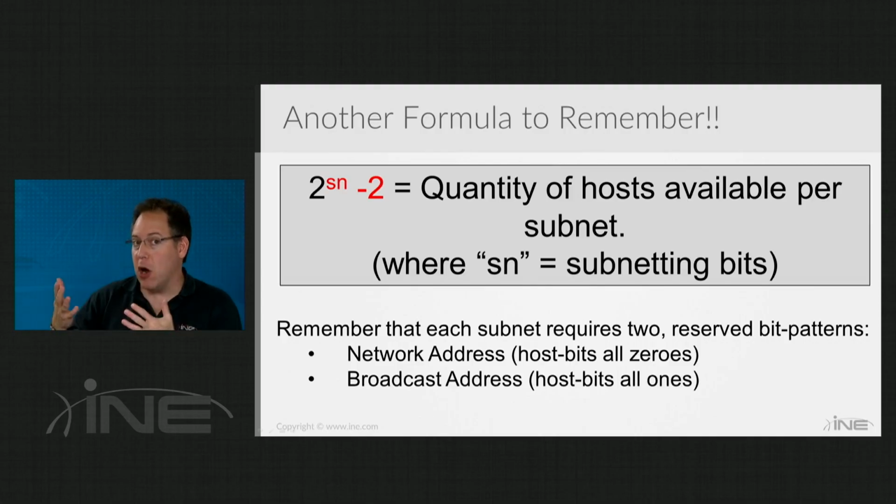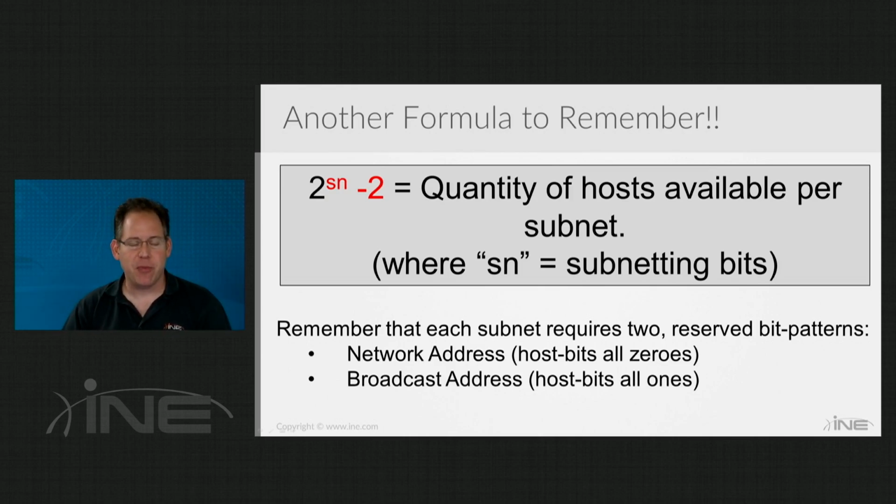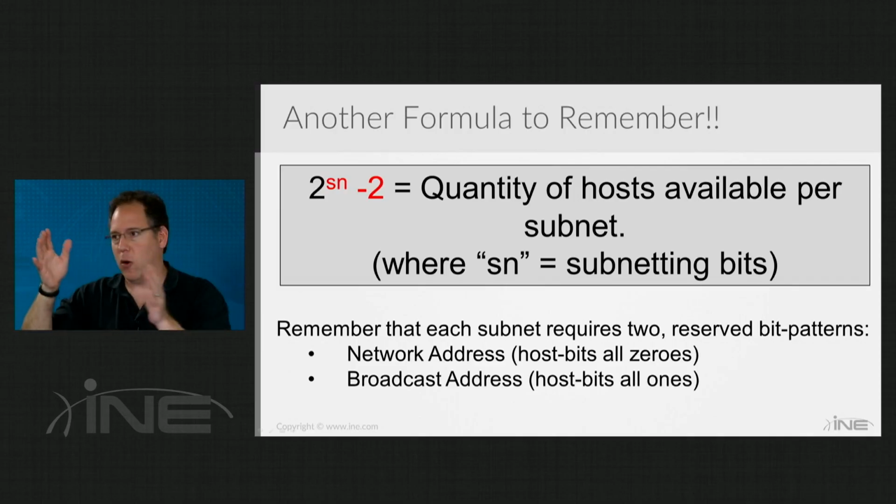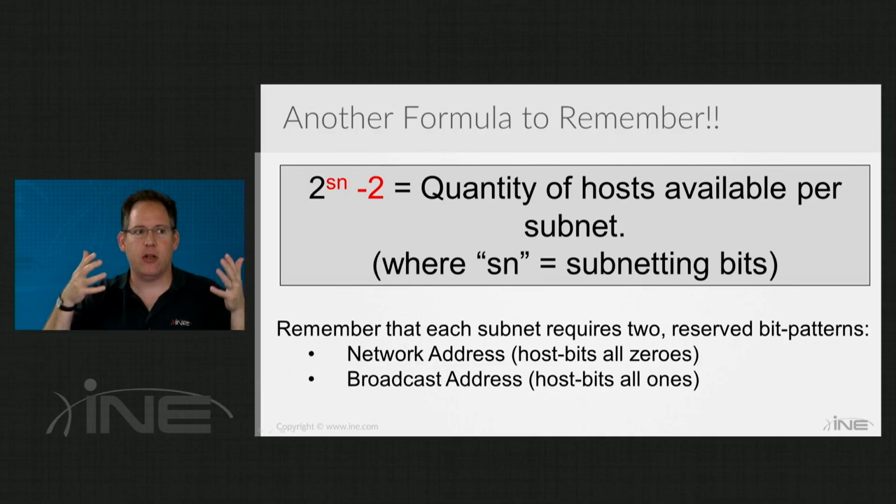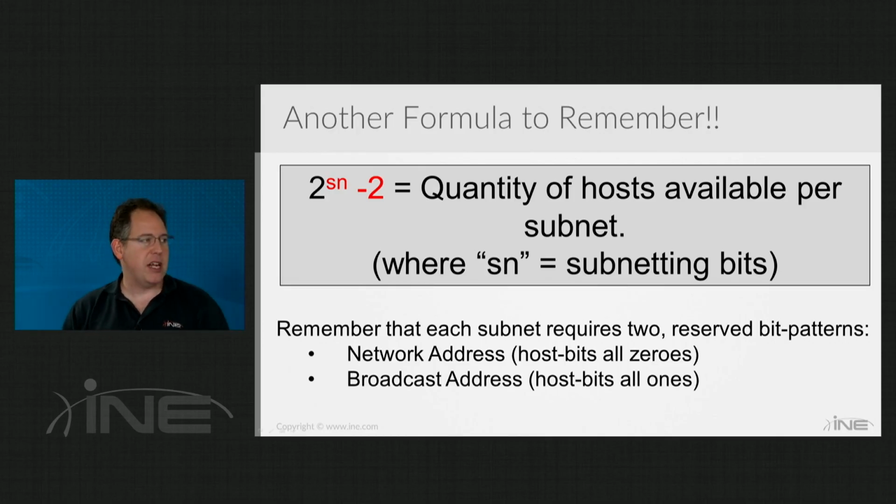If the answer is no, well, then you can't use this technique that we're using here. You'll have to use a different technique that we'll get into when we talk about variable length subnet masking. So how do you answer that question? How do you say, okay, given this particular network, whether it's my starting network or whether it's a network I've created as a result of subnetting, how many host addresses do I have available in this network? And here's the formula to answer that.